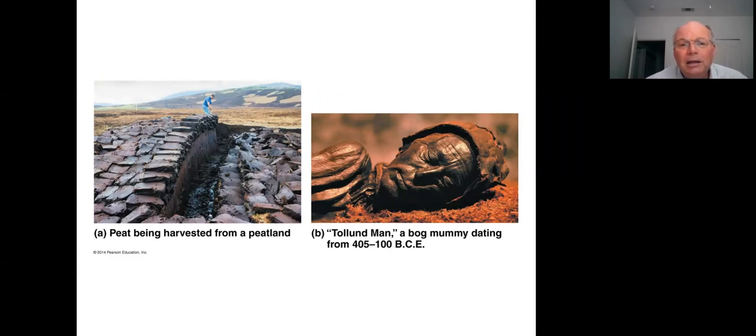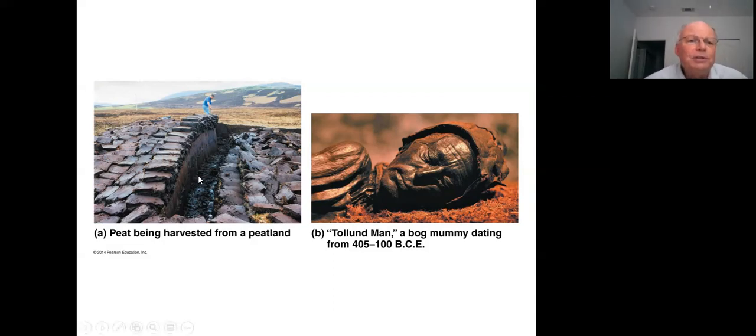So in Ireland, in Scotland, in northern England, in parts of Europe, we have these large peat bogs that contain this fossilized peat material. You can see that it's cut out into squares. These are left to dry out and can then be burnt as a form of fossil fuel.